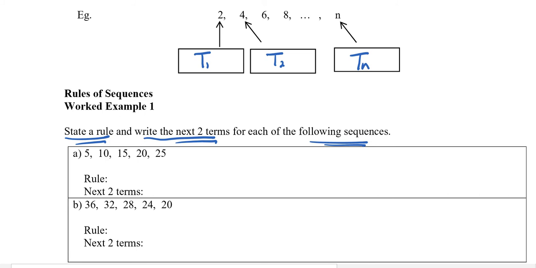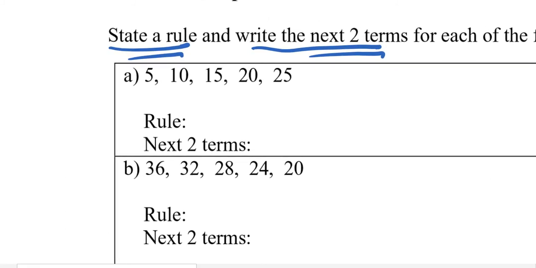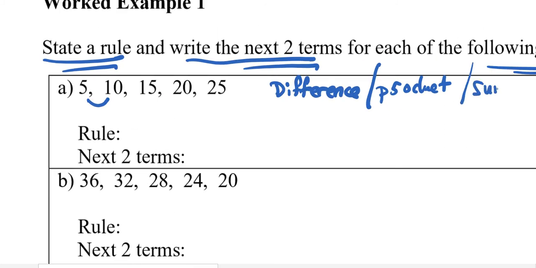So how do I understand this? Usually I will compare these two terms and then find out either the difference, or the product, or the sum, or things like that.